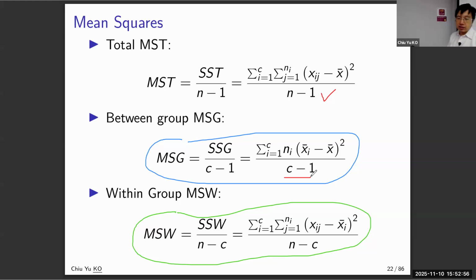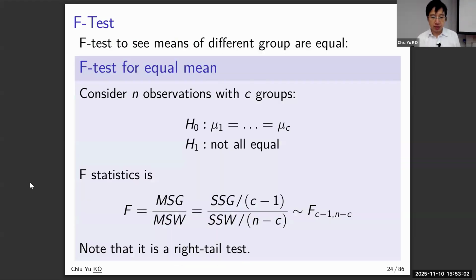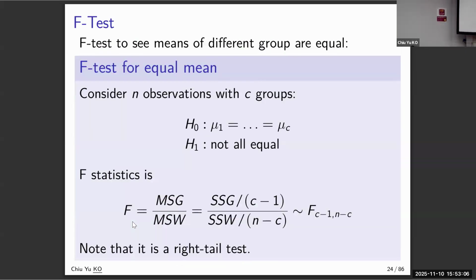So what we're going to do at the end is look at the formula here. I just jump a little bit ahead. It is to compare MSG and MSW. Why we want to compare that? And we will use this as a right tail test.